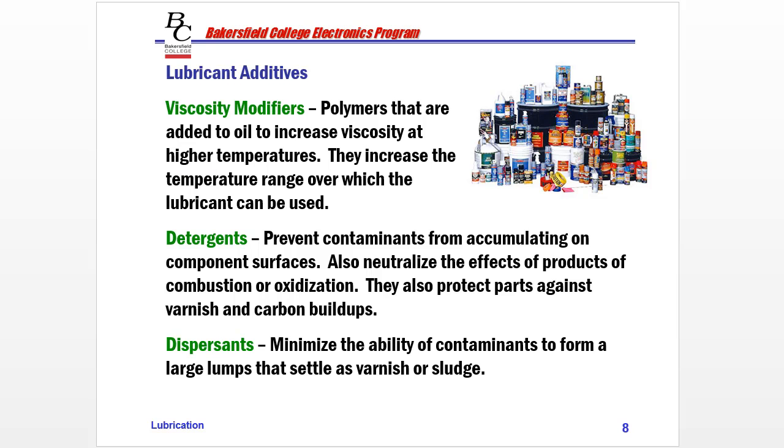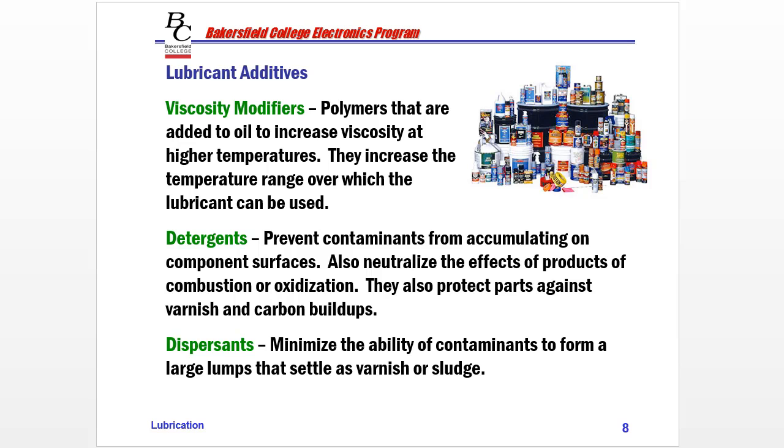Next, we're going to talk about lubricant additives. The first item is a viscosity modifier. So these are polymers that are added to the lubricant, generally oil, to increase the viscosity at higher temperatures. They increase the temperature range over which that lubricant can be used.